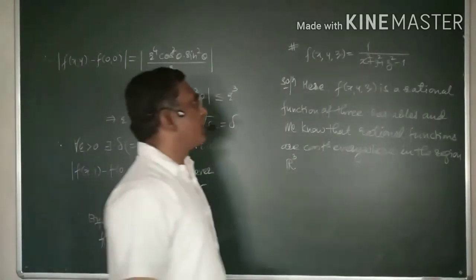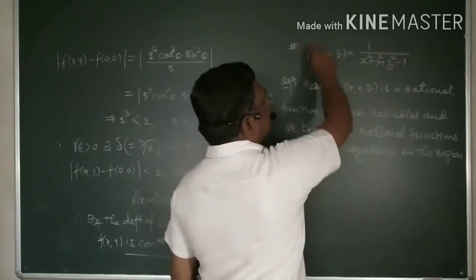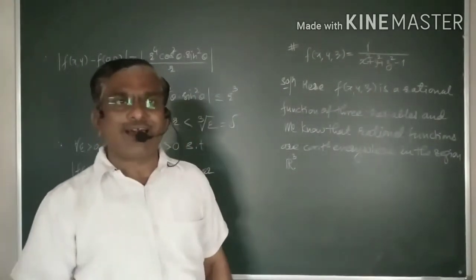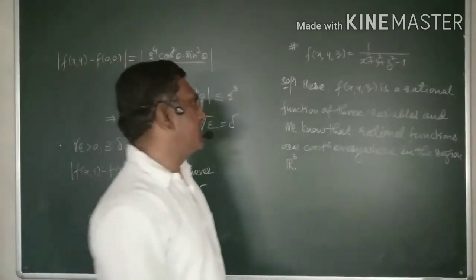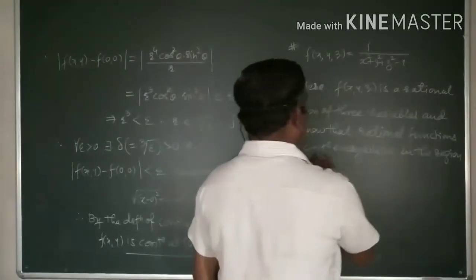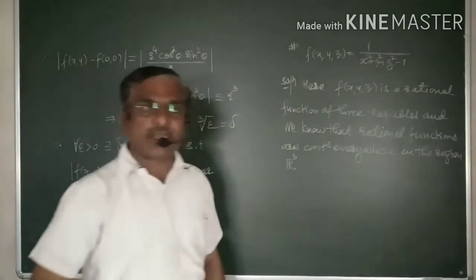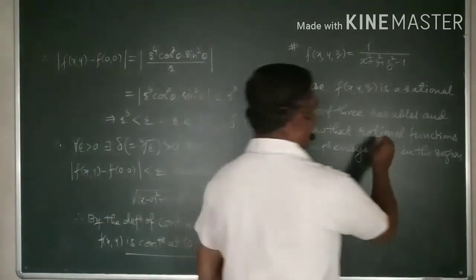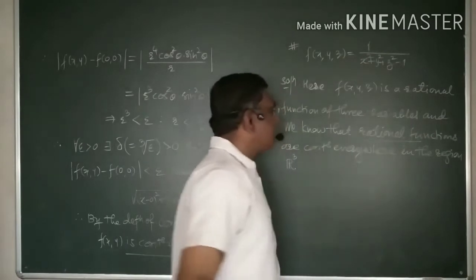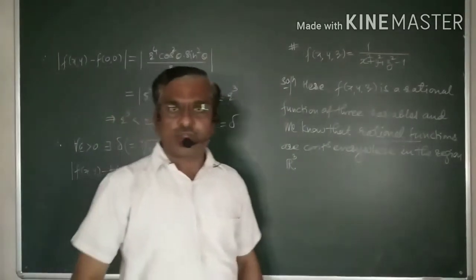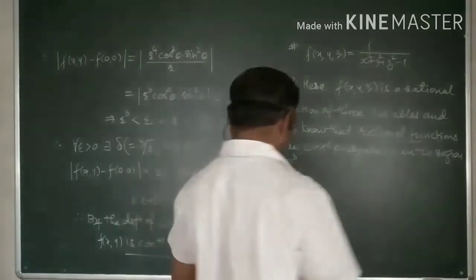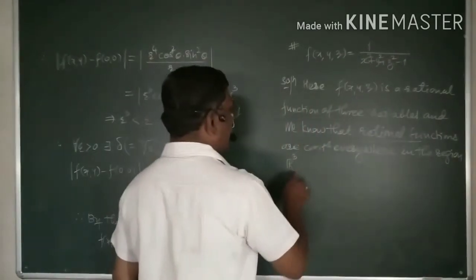Why? Because being a function of three variables, it is defined on R3, and we know that a rational function is always continuous at all points. Rational functions are always continuous at each and every point, and hence this is continuous over the region R cube.